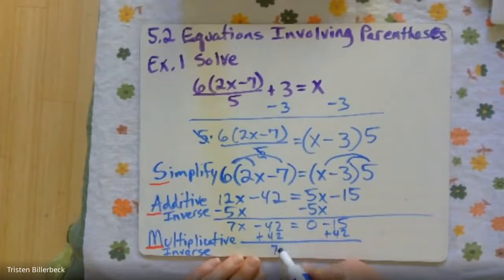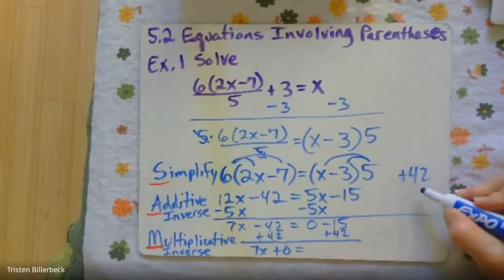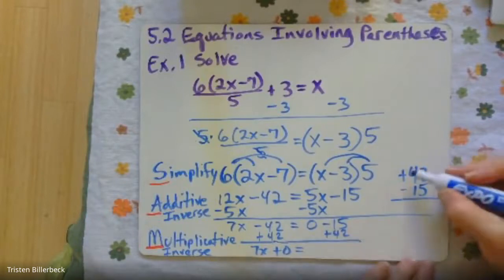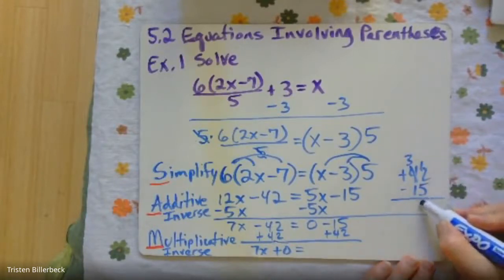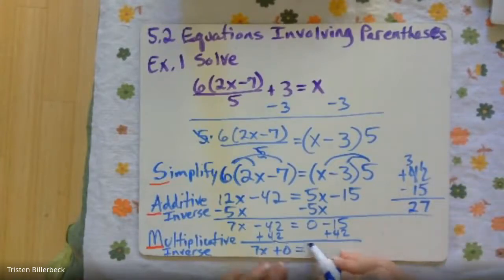So I have 7x plus 0 equals, and 42 is the positive one, and negative 15 is here. So if we put it like this, it's easier to solve. So 12 minus 5, 7. 42 minus 15 is 27. So this equals 27.